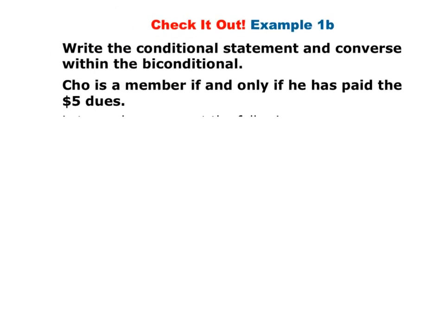Write the conditional statement and the converse within the biconditional. So this is our biconditional, because it says if and only if. So we have our P, which is Chow is a member, and our Q would be he has paid the $5 dues.